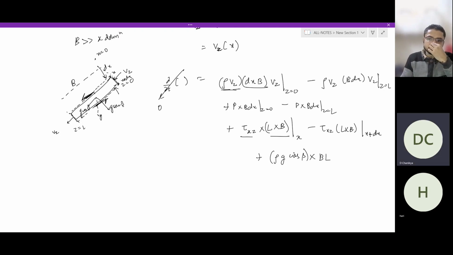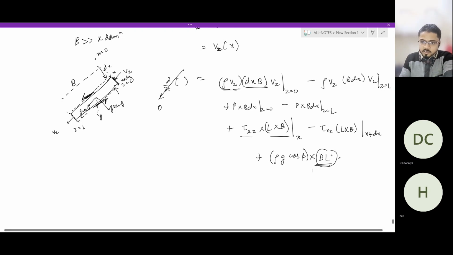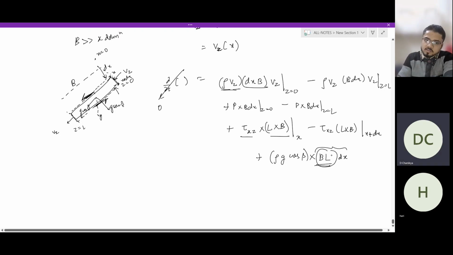Because BL is the area, multiply it by dx. This is the volume of the entire element. This dimension is b, this is dx, and this is L. What is the volume of this cuboid?